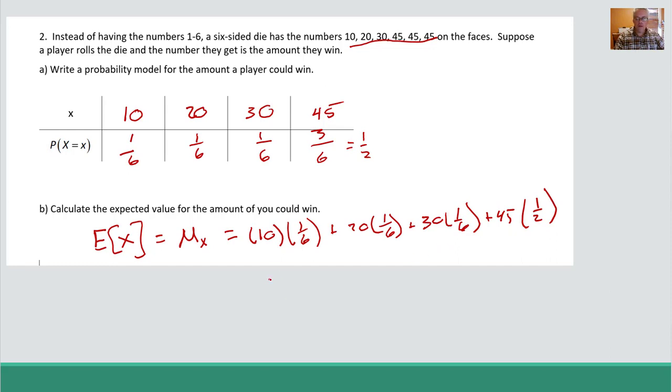And we get that we would expect to win $32.5 by playing this game on average.